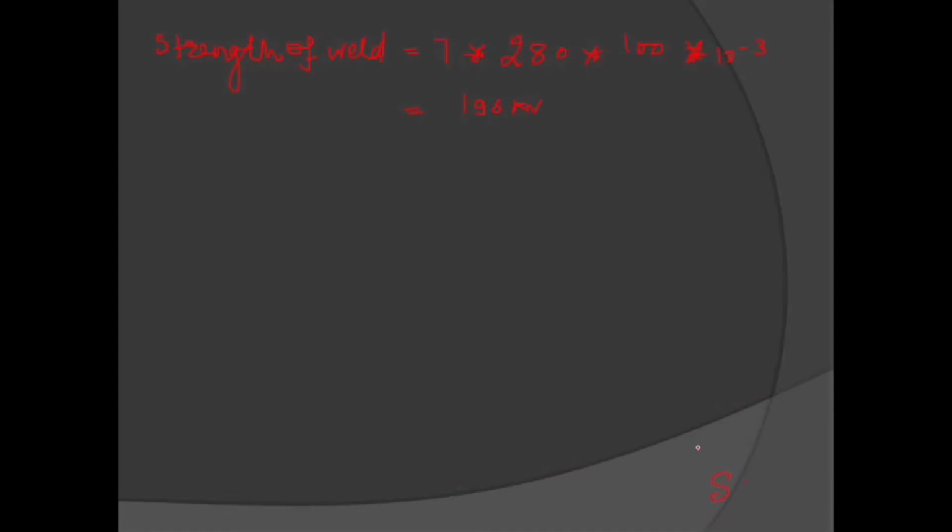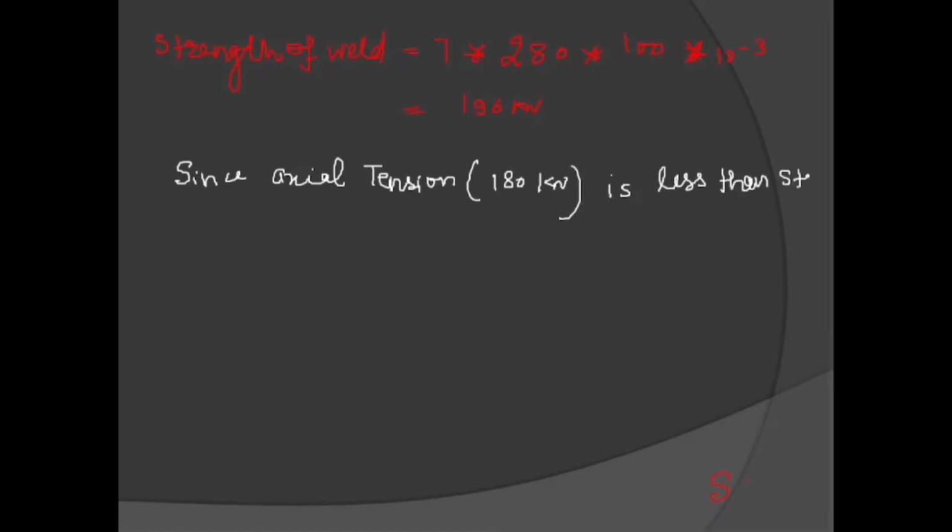Since it is less than the strength of the welded connections, a very important point that I am going to write down: since axial tension, that is 180 kilonewton, is less than the strength of weld, the welded connection.